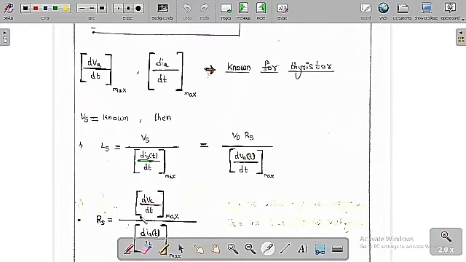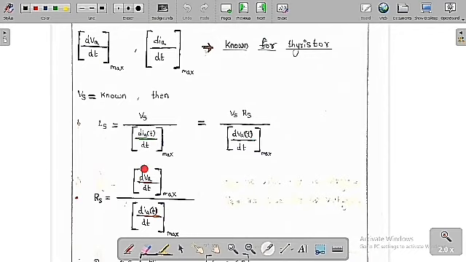Whereas Rs is equal to the maximum rate of change of anode to cathode voltage divided by the maximum rate of change of anode current. Therefore Rs is equal to the maximum value of dVA by dt divided by the maximum value of dIA by dt.